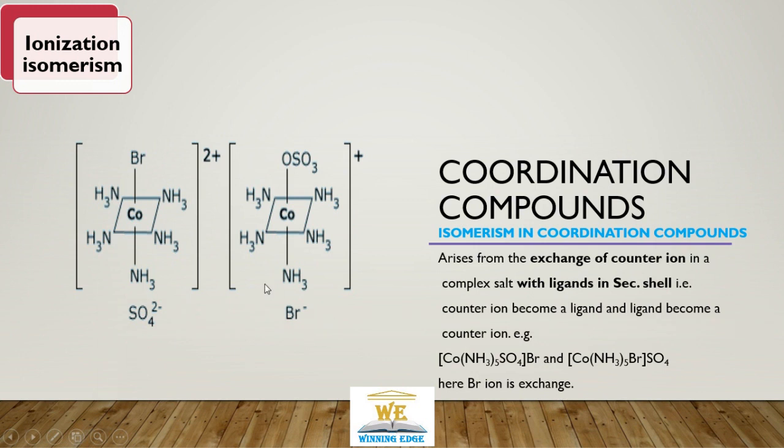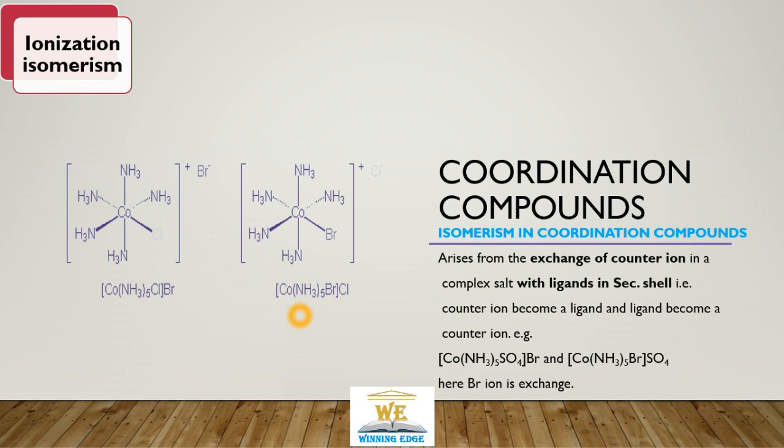Sulfate will go to solution here, bromide will go into solution there. Another example is chlorobromo salts. Here bromide is ionizable, chlorine will remain intact. Chloride will go into solution, bromide will stay with the coordination complex.